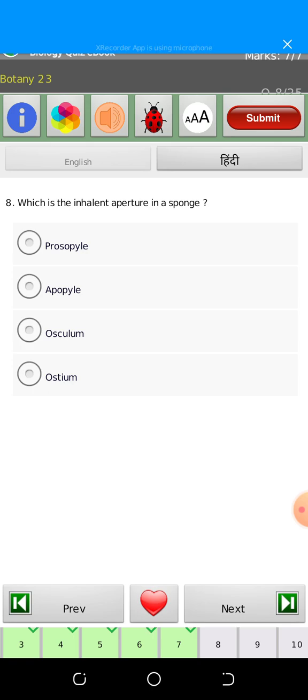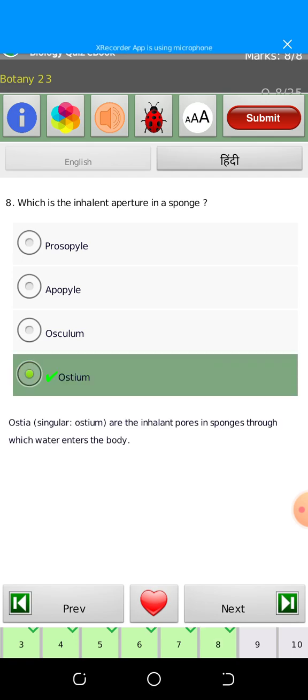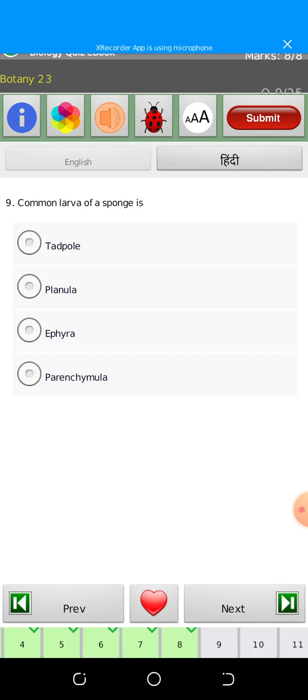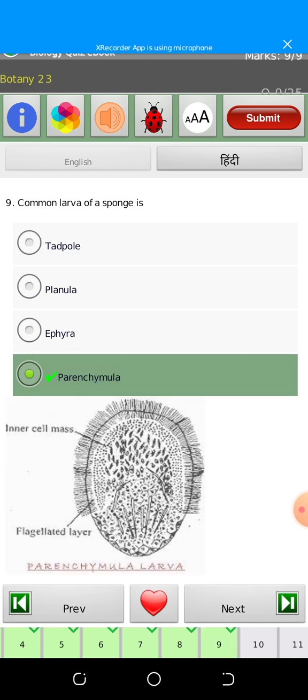Prosopyle, apopyle, osculum, ostium. The inhalent aperture in a sponge is ostium. Next is, common larva of a sponge is tadpole, planula, Ephyra, parenchyma. Parenchyma is common larva of a sponge.